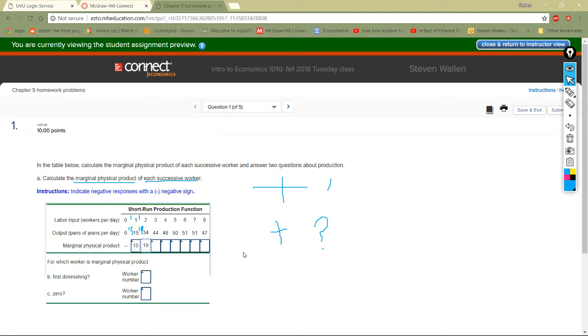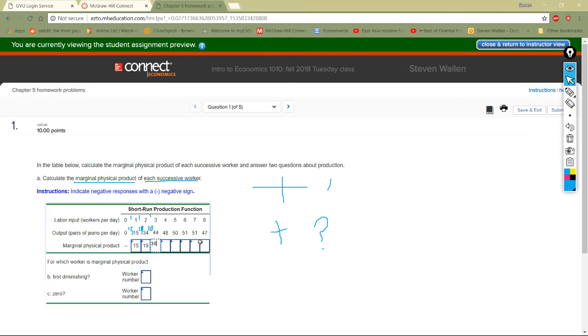Here, what's the difference between 2 and 3? 1, so 1 more worker. What about between 34 and 44? 10. That's it. And so the next one's going to be 10.